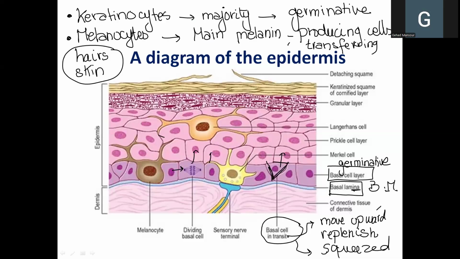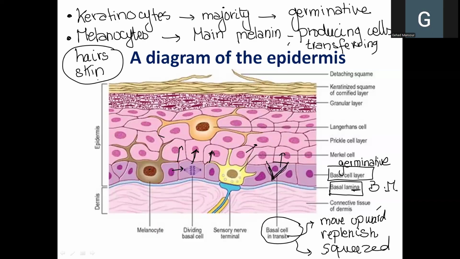So melanin will be transported from the melanocytes to the neighboring keratinocytes, and then these keratinocytes will be pushed upward by the newer cells, and therefore this guarantees that all the cells of the skin will have the pigmentation. And of course, we talked a lot about the importance of melanin.